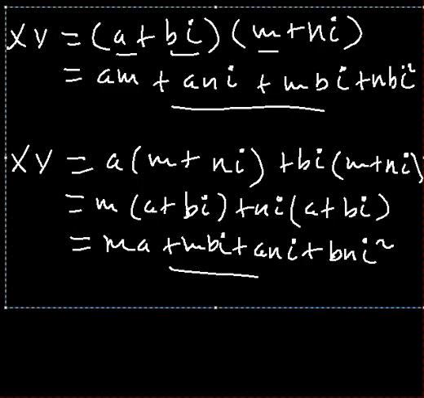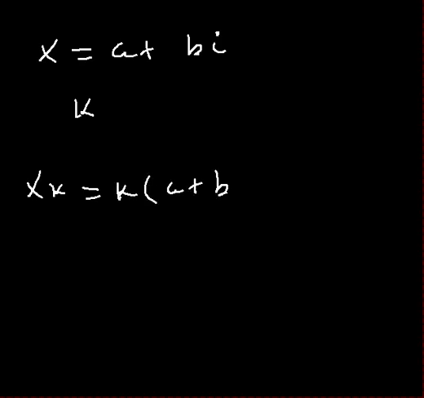And in the same case, how can you have the scalar product of complex numbers? Let's say I have a complex number x, which is given as a plus bi. And now if we have a scalar value, let's say k, xk is the same as k times a plus bi, which is the same as ka plus kbi.